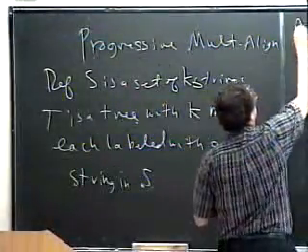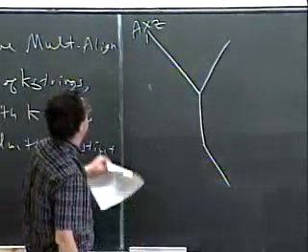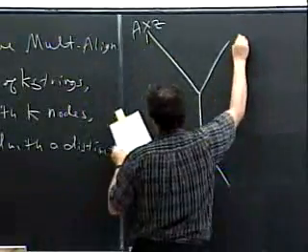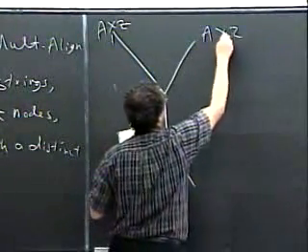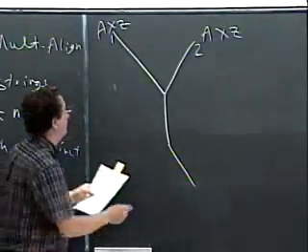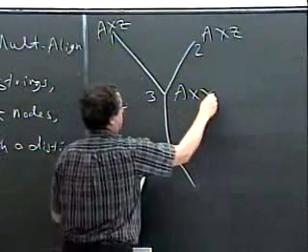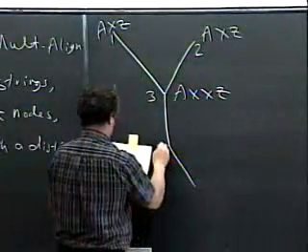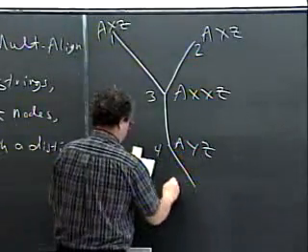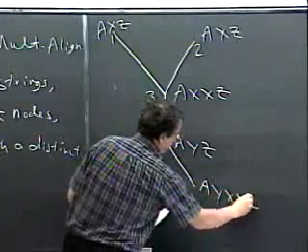So here was AXZ, and I'm going to refer to this as sequence 1. And here we had another AXZ. They happen to be identical, but we'll refer to it as a different sequence. And here was an AXXZ, and here was an AYZ, and here was AYXXZ.